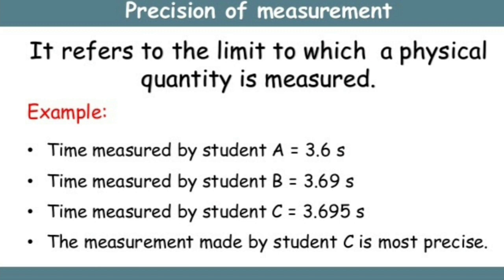Let's take some examples. Time measured by a student, 3.6 seconds. In that, 3 is the reliable digit, and 6 is the uncertain digit. What do you mean by reliable digit and uncertain digit?